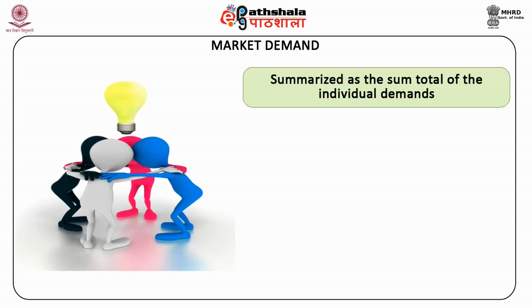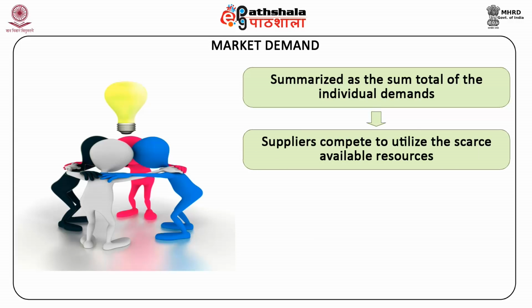In a market, suppliers compete to utilize the scarce available resources in the most productive manner so as to provide product or service capable enough to satisfy the prospective demand requirement. The project output as product or service is capable enough to provide the desired benefits to the users as inputs demanded.